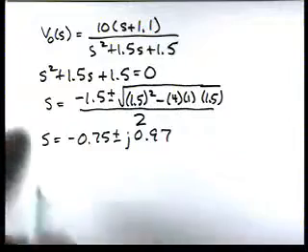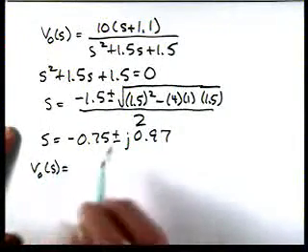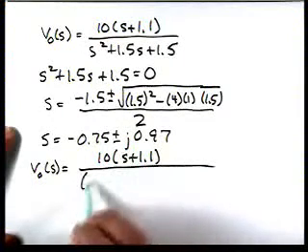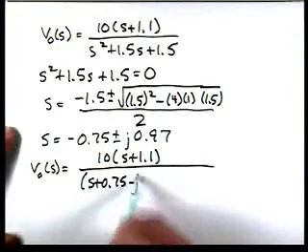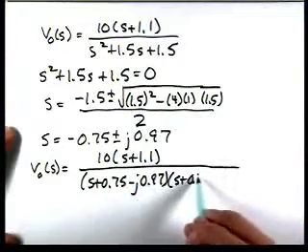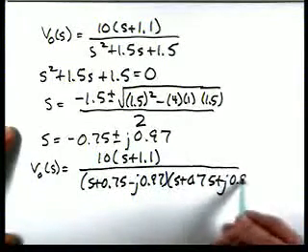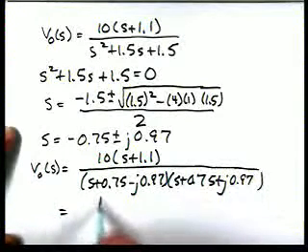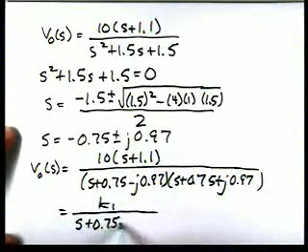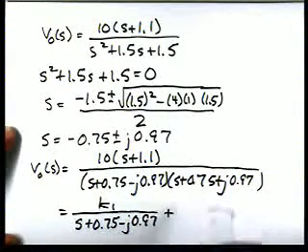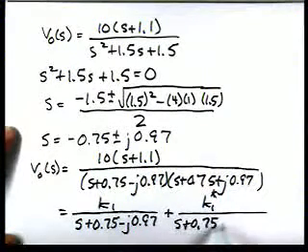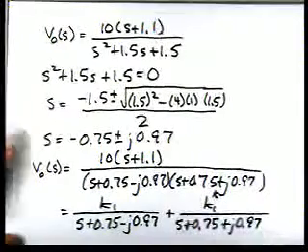So V0 can be written as 10 times S plus 1.1 over S plus 0.75 minus j0.97 times S plus 0.75 plus j0.97. And in our partial fraction expansion, we'll have K1 over S plus 0.75 minus j0.97 plus K1 conjugate over S plus 0.75 plus j0.97.